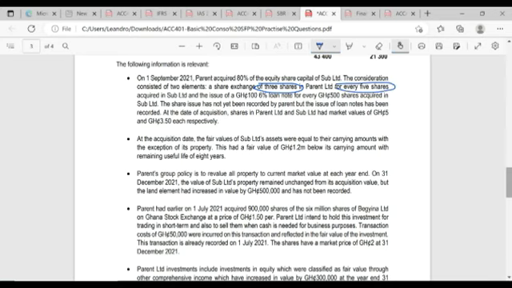So this is 3 for 5. You must determine the number of shares acquired, divide by 5, multiply by 3, and the Parent share price.